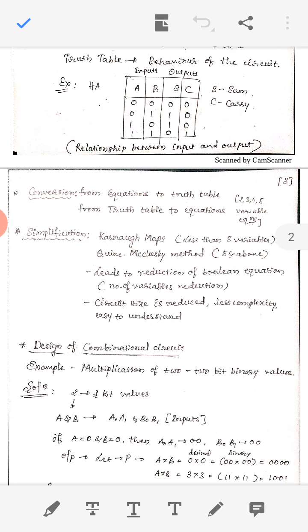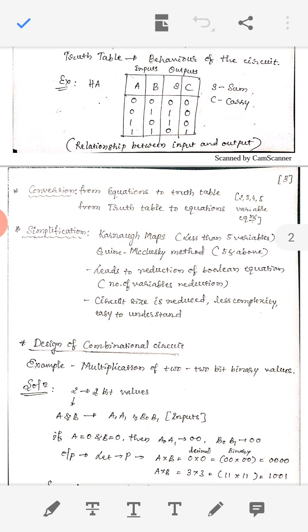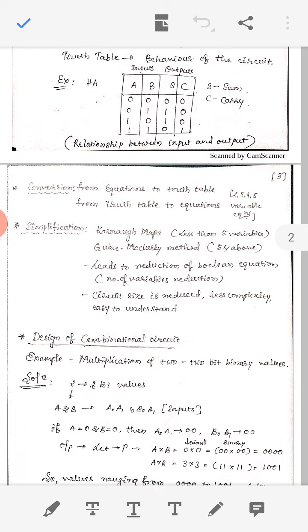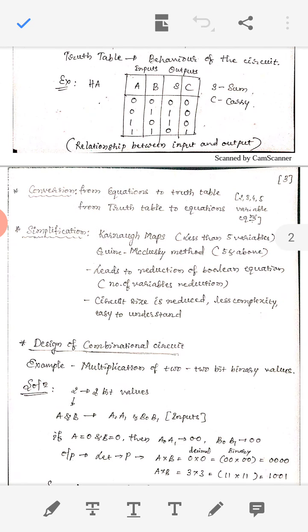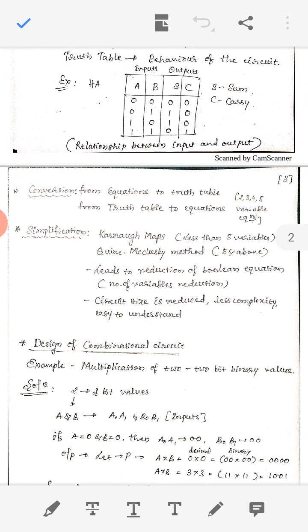If it is two variables, we call it a two variable equation. If it is three variables like A, B, C as inputs and maybe X and Y as outputs, then it is a three variable equation. Since you are in third semester, in basic electronics or the previous semester we have seen how to convert the truth table into equations.